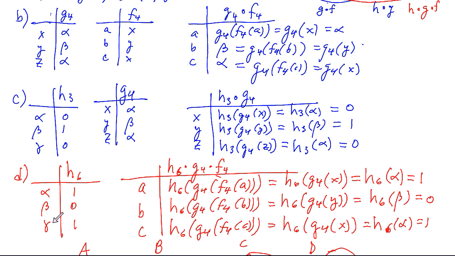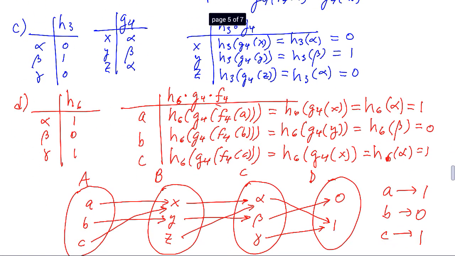So I copy down H6, and I just make this great big expression, H6 of G4 of F4 of A, B, and C. Evaluate the F4 of A, B, and C. F4 of A, B, and C was X, Y, X. Now I have G4 of X, Y, X, which is alpha, beta, alpha. Finally, H6 of alpha, beta, alpha is 1, 0, 1. And there they are, 1, 0, 1.